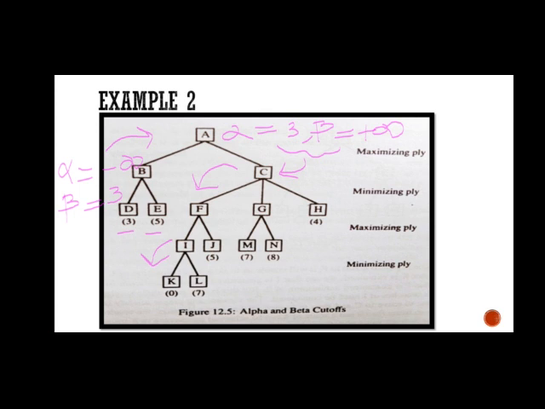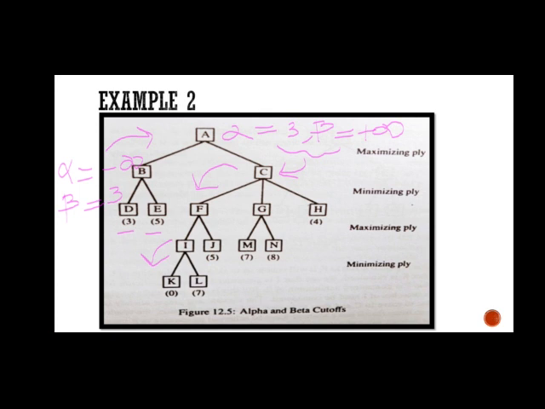But this is less than alpha's value of 3. So no more branches of I need to be considered. The maximizing player already knows that if it chooses to move to C and then to I, the resulting score will not be better than the value of 3.